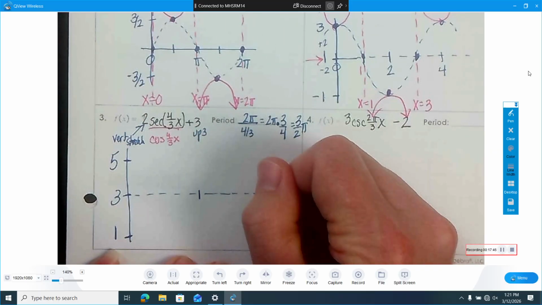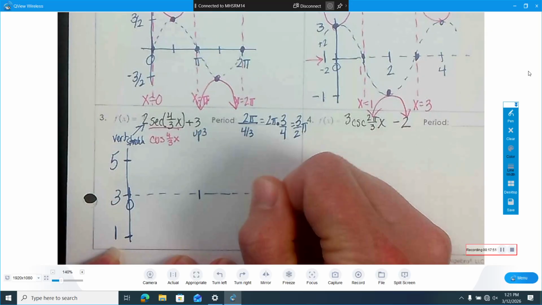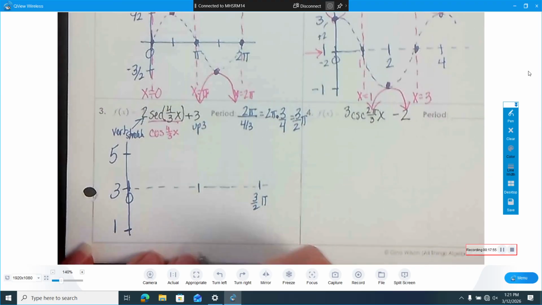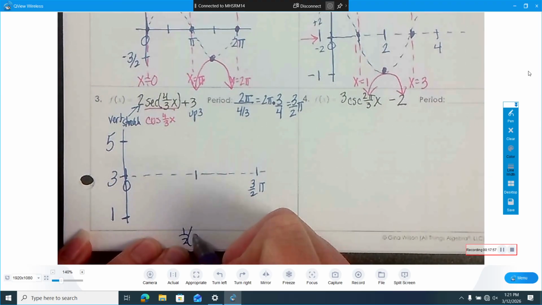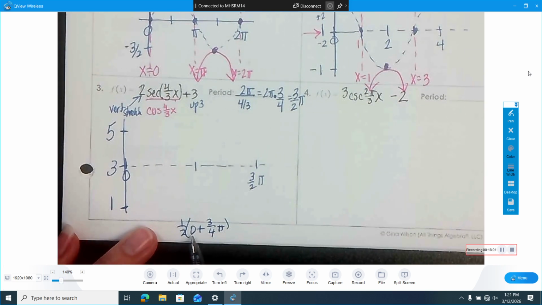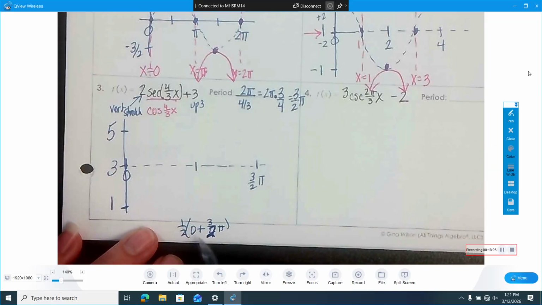Oh, goodness. So we start here at 0, and we're ending at 3/2 pi. What is halfway? Yeah. Halfway between 0 and 3/2 pi is just 3/2 pi times 1/2, which becomes 3/4 pi. Good.